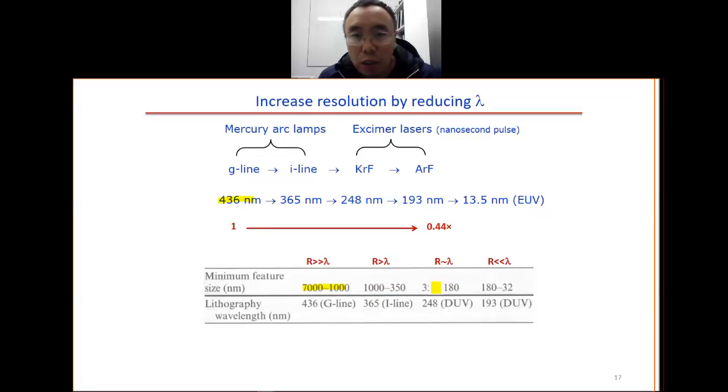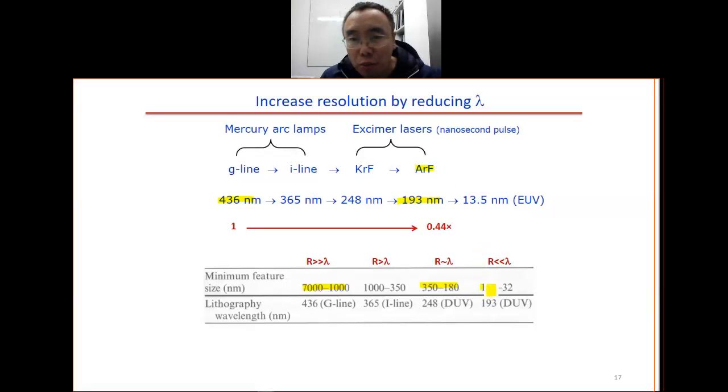Then it went to krypton fluoride, which is an excimer laser. This one was used for only 2 generations, 355 nanometer and 180 nanometer. After that, it shifted quickly to 193 nanometer, which is the argon fluoride excimer laser.